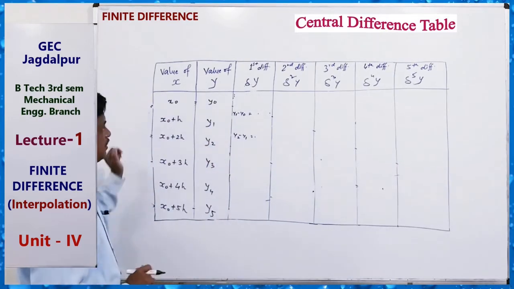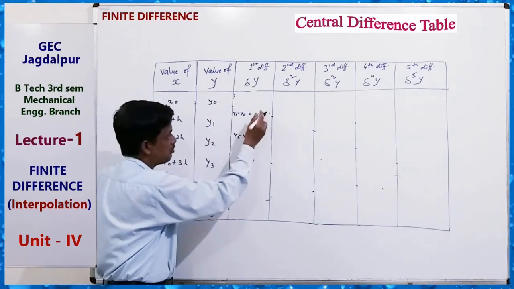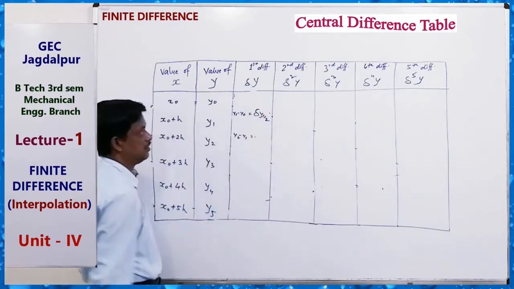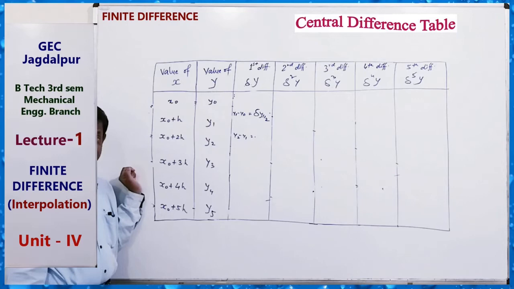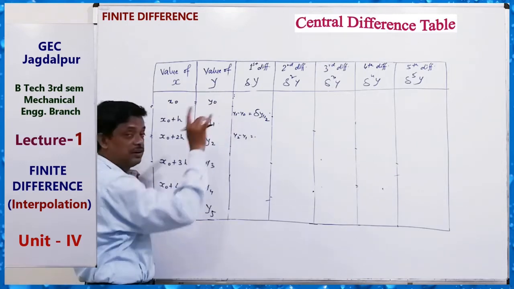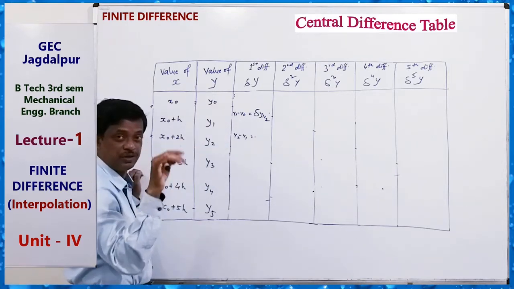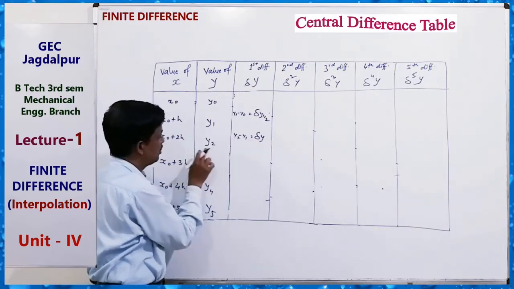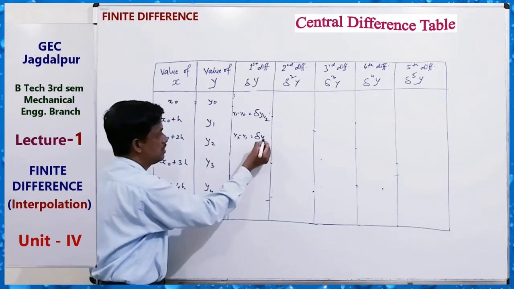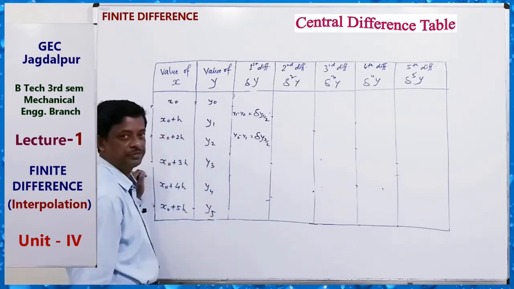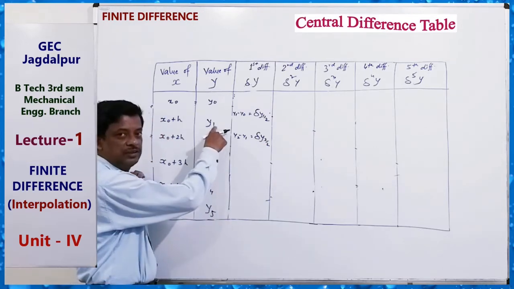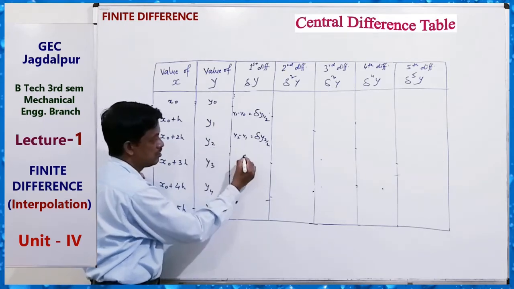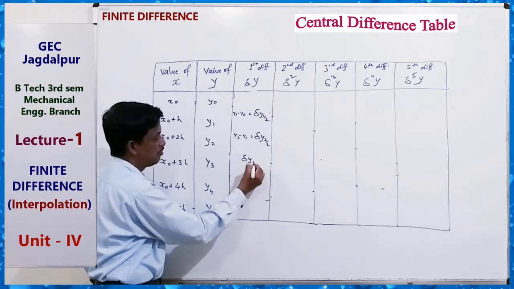So here y1 minus y0 means delta y half, because this minus this means 1 and 0, average is (1 plus 0) by 2, half. Here the first order difference, 2 and 1, 3 by 2. So here 3 by 2.